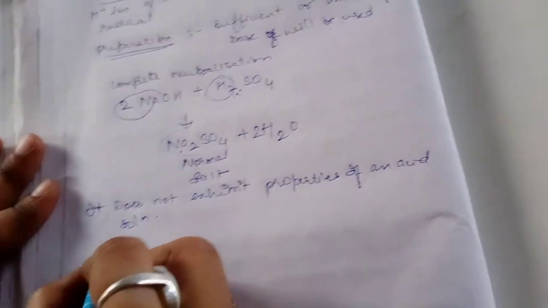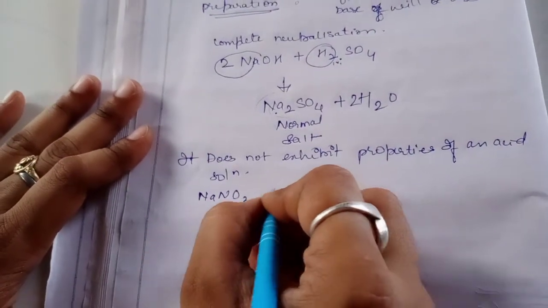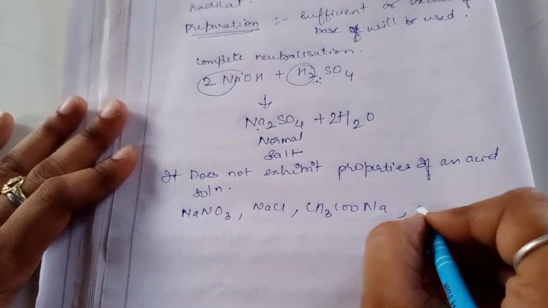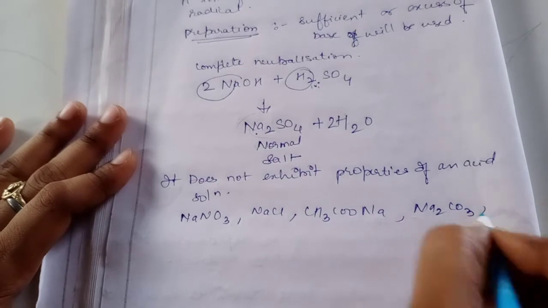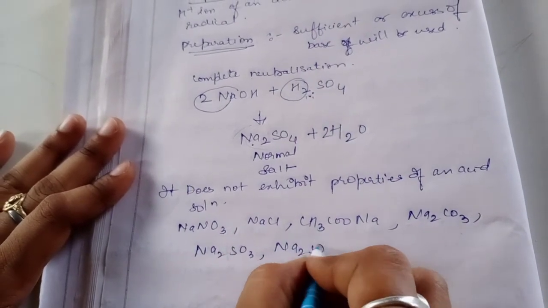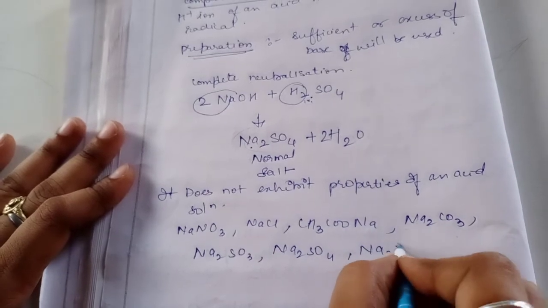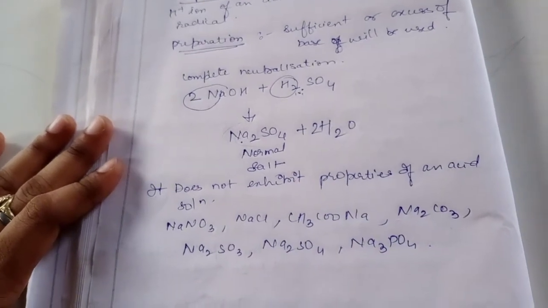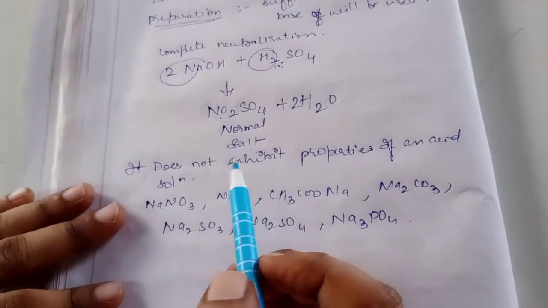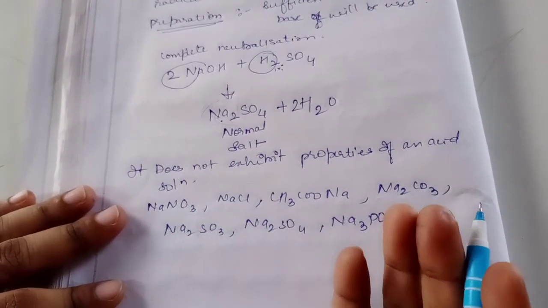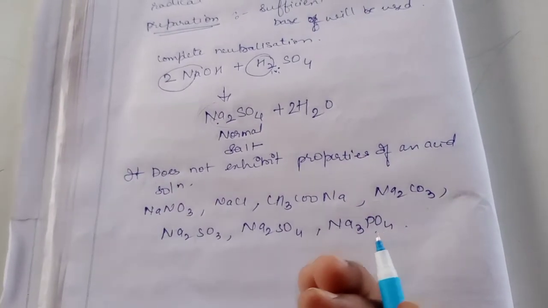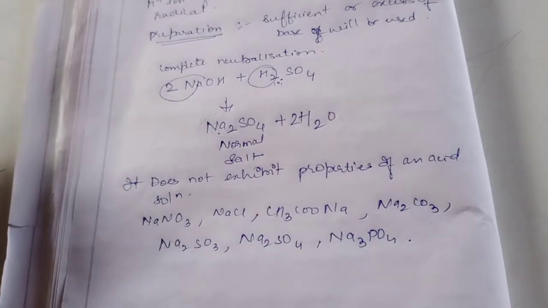Some examples of normal salt are NaNO3, NaCl, CH3COONa, Na2CO3, Na2SO3, Na2SO4, Na3PO4. Now here you can write down NaHSO3, NaHCO3, NaHSO4, Na2HPO4. All these are acid salts because they contain hydrogen.